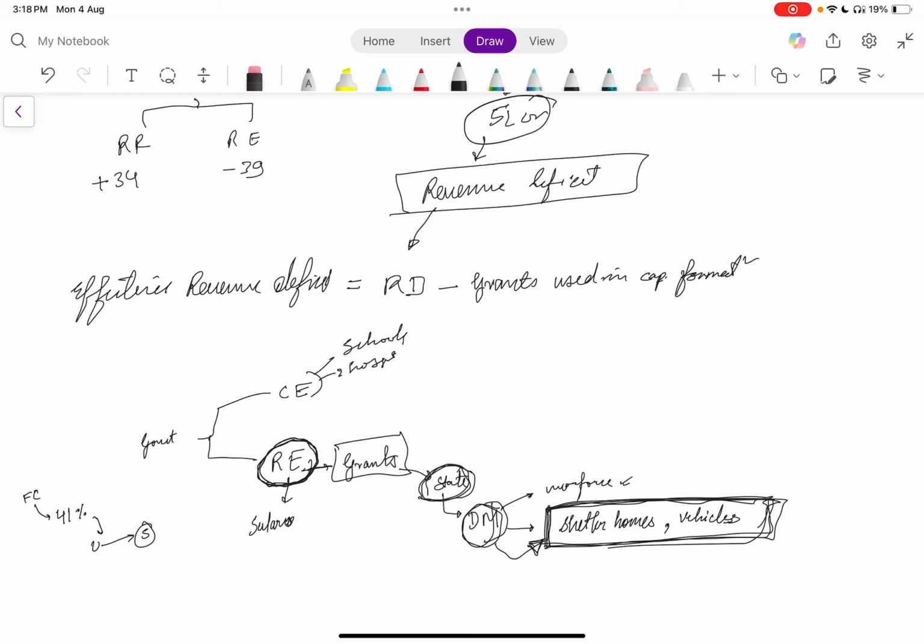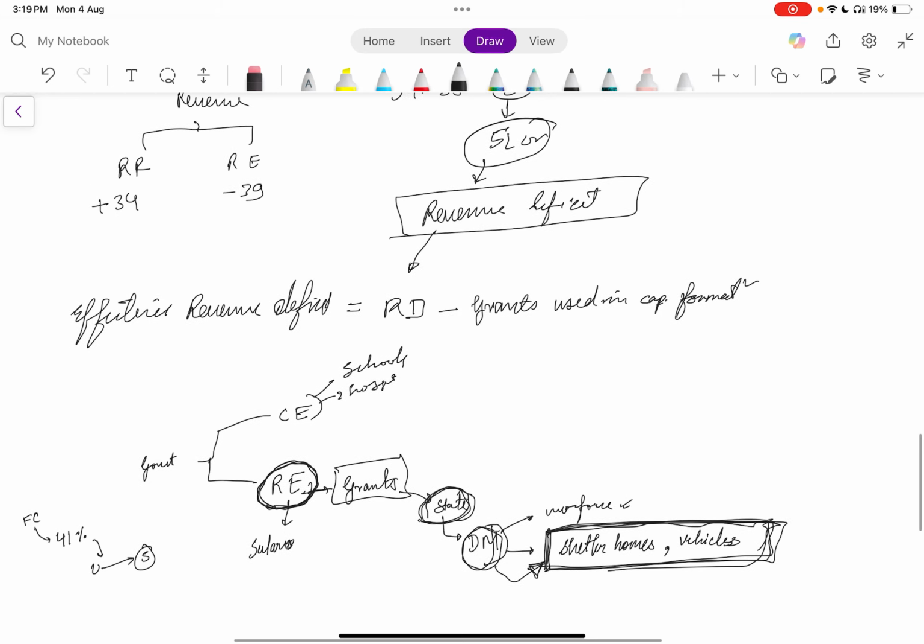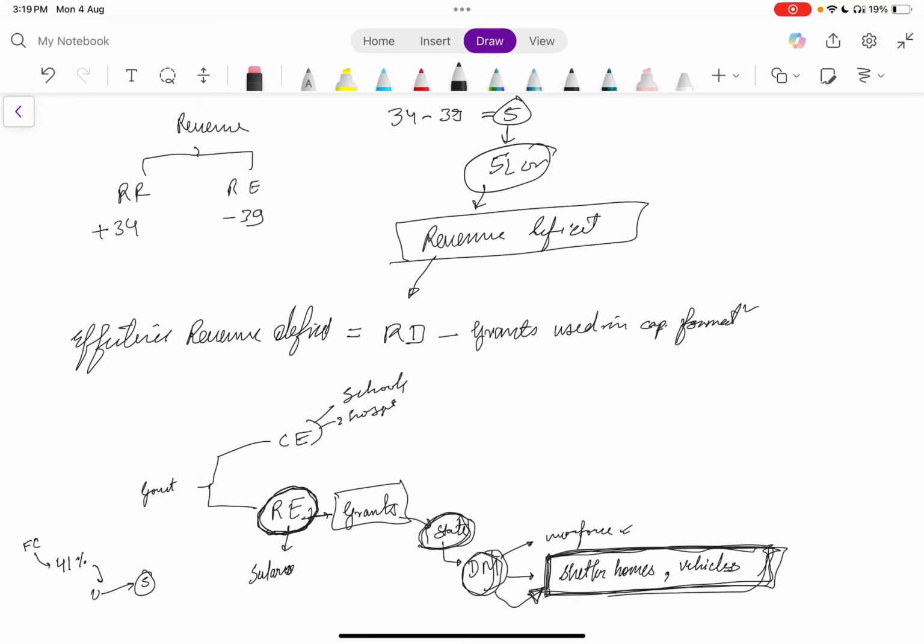So the government says that when such expenses of a capital nature are made, to find the effective revenue deficit, we must deduct them from the total revenue deficit. What was our total revenue deficit? Here it was 5.